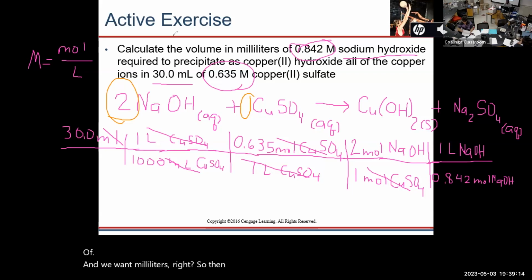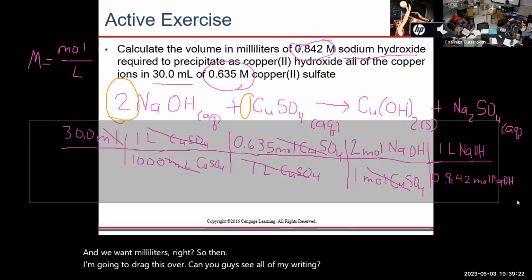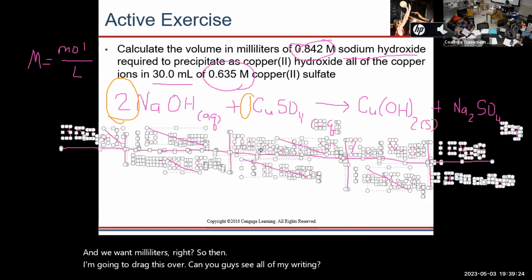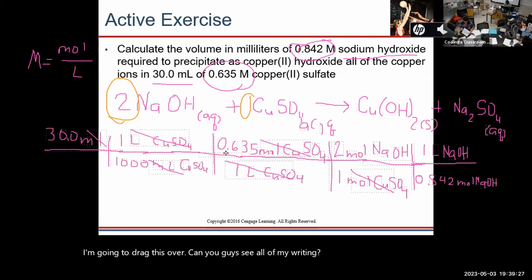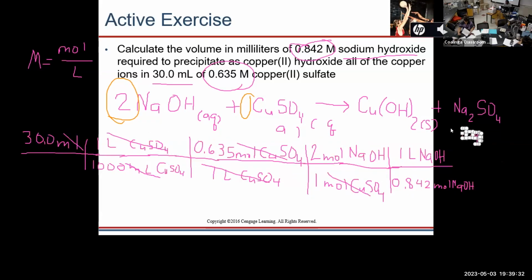Can you guys see all my writing? So we know that 1 liter is going to be 1,000 milliliters.